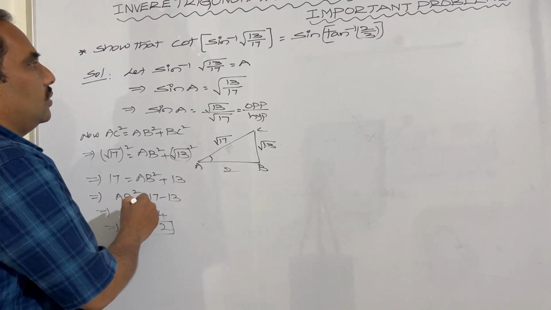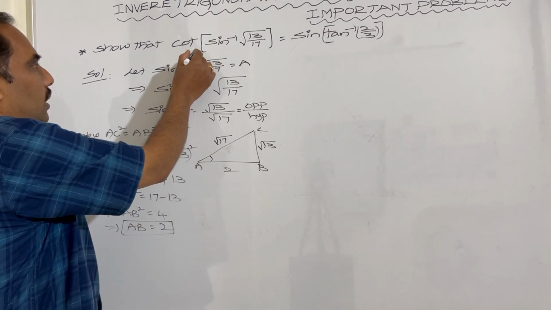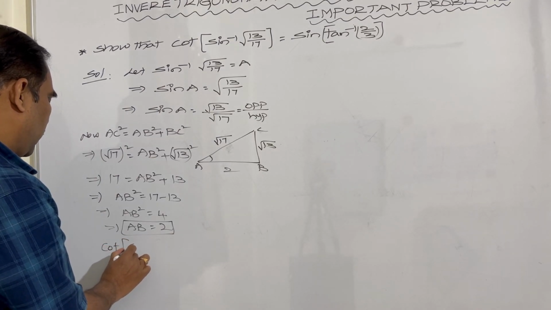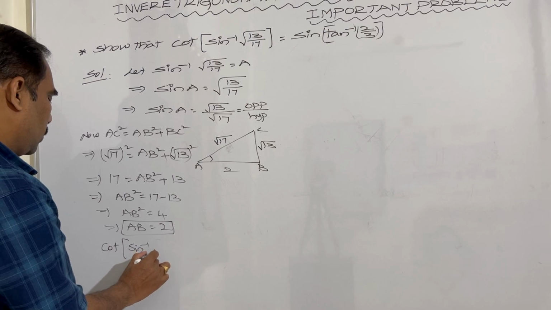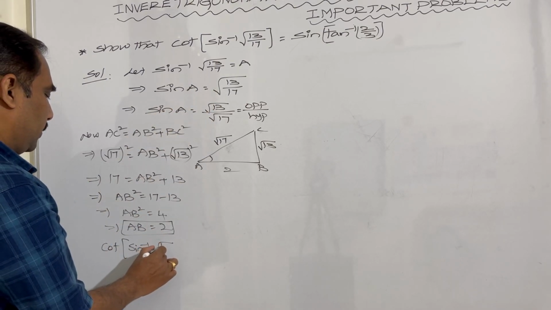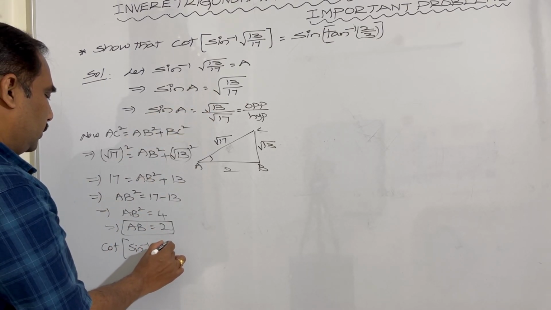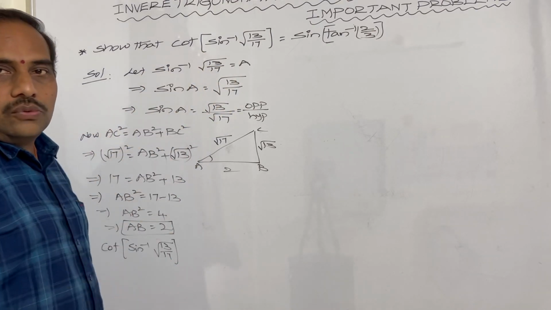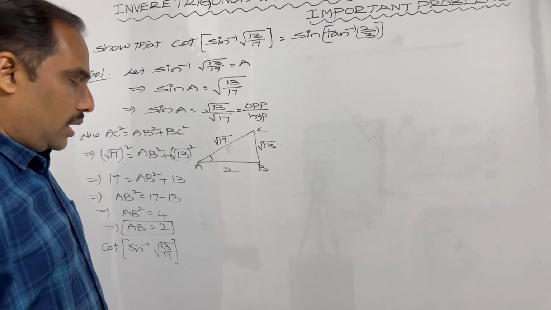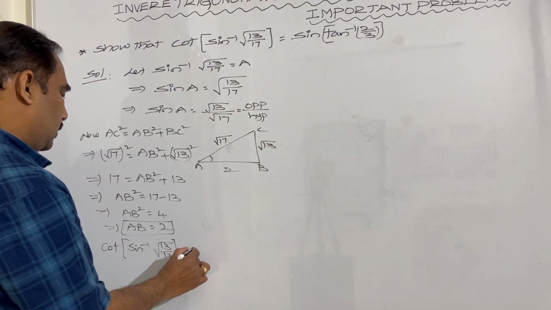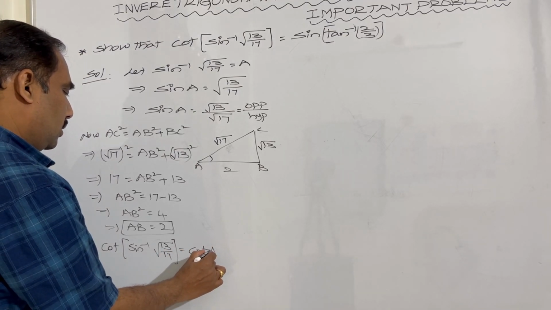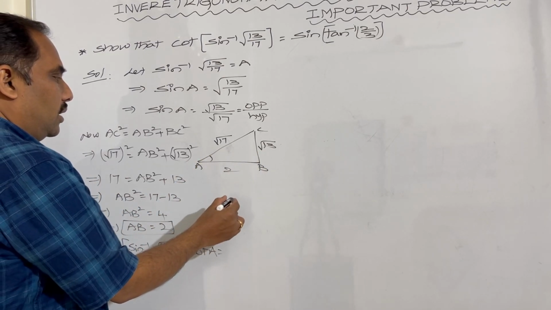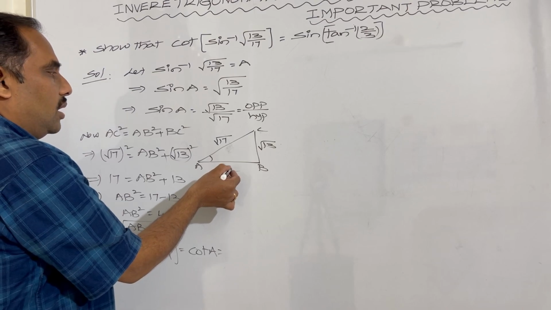When AB is equal to 2, cot of sine inverse of root 13 by 17, since sine inverse of root 13 by 17 is A, becomes cot A. Now cot A is adjacent by opposite.